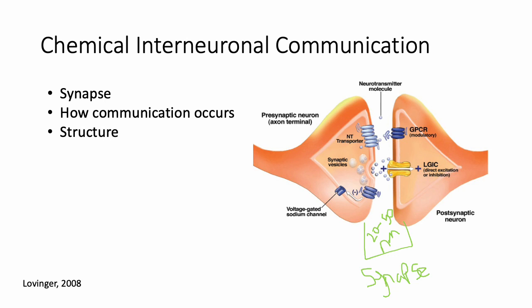The two neurons that are coming into contact also have their name. One is the presynaptic neuron, which is the one releasing the chemical. Releasing. This presynaptic neuron has an axon terminal at its tip, which has a small pack of vesicles filled with neurotransmitter molecules.